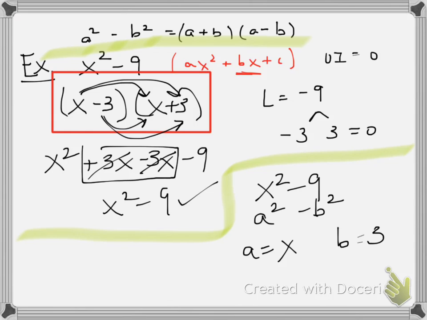So if you know a and b, then you can go back to this form up here: a plus b times a minus b. In this case, that would be x plus 3 times x minus 3, and there's our answer again.